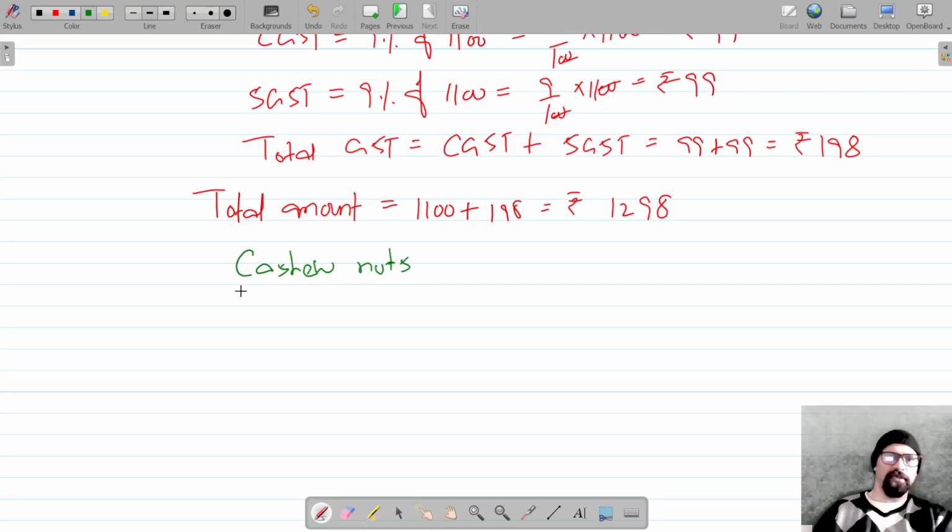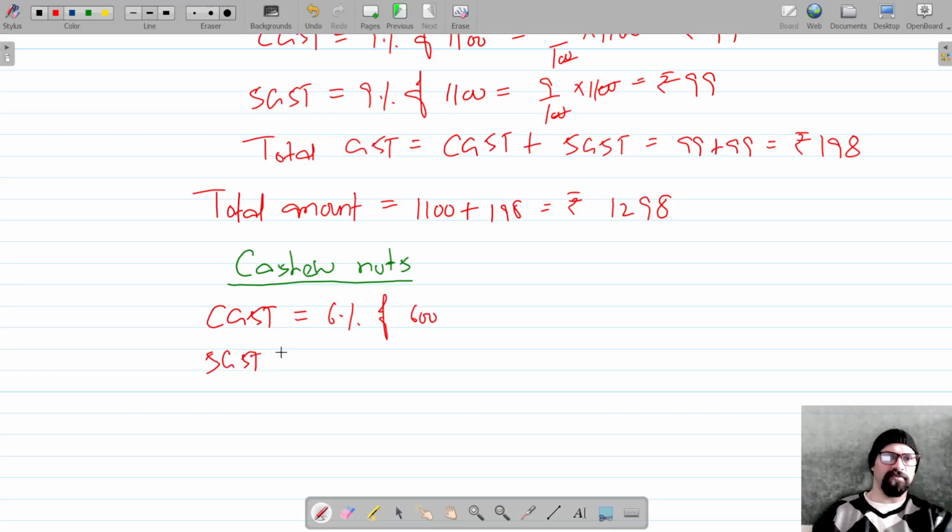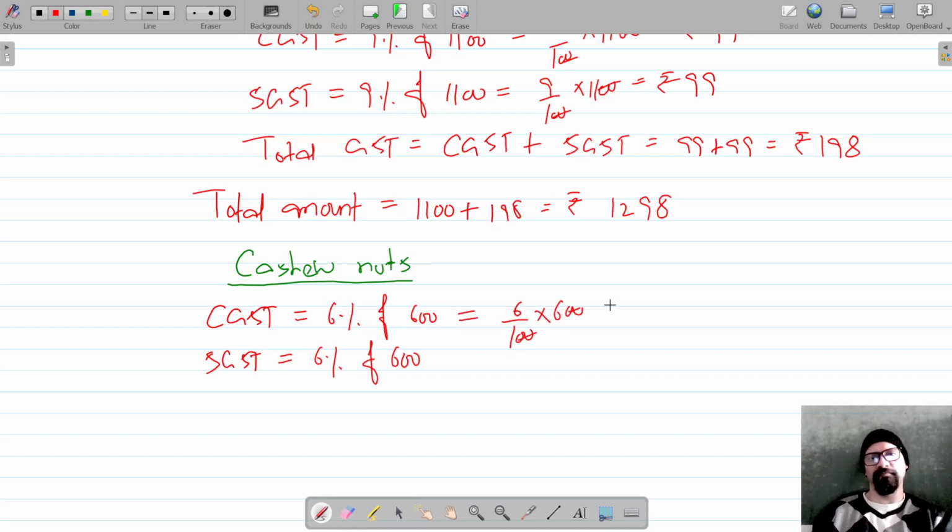These are the cashew nuts. Okay, now let's find out CGST. So it's half, that is 6% of 600, and SGST is also 6% of 600. So that is equal to 6 by 100 into 600, which is equal to rupees 36.